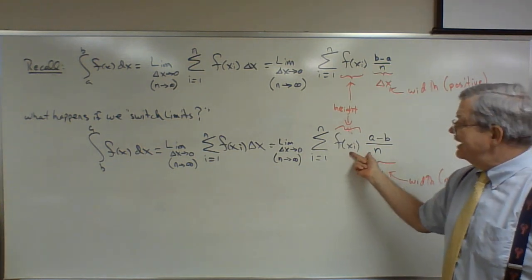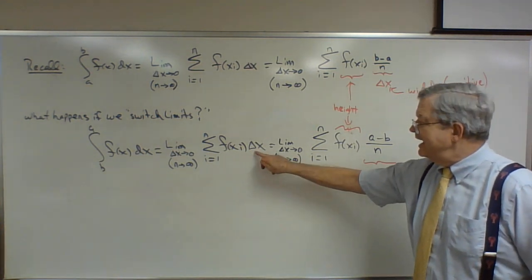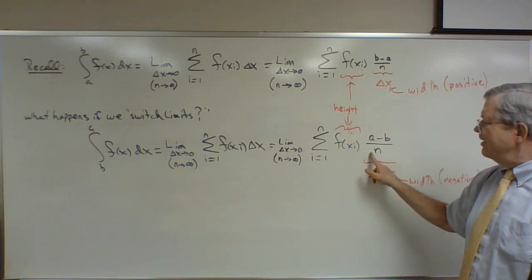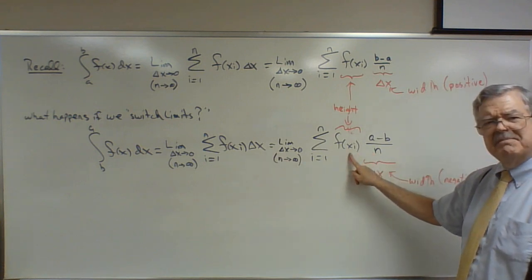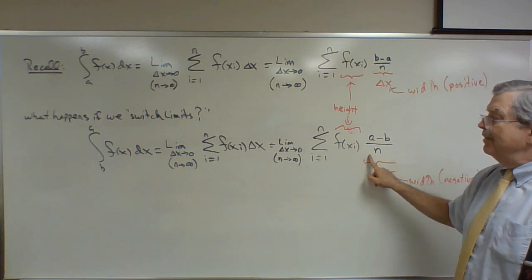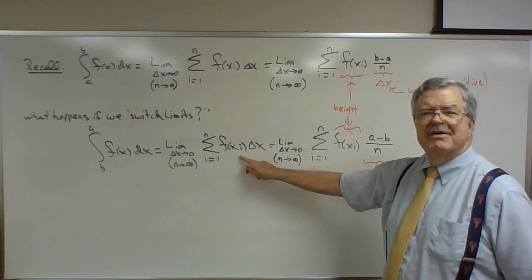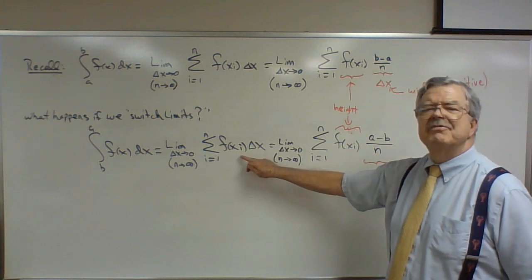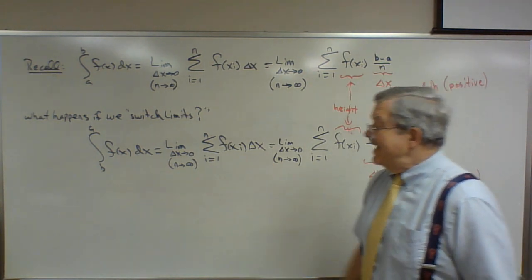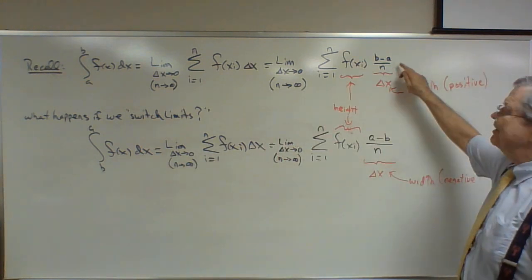This is f of x sub i delta x, where f of x sub i is the height, delta x is the width. But here, we've got rectangles with positive height, but negative width. So to get this integral, we're adding up a bunch of rectangles whose areas have negative width. And that's going to make this integral have the negative of the value of this integral.